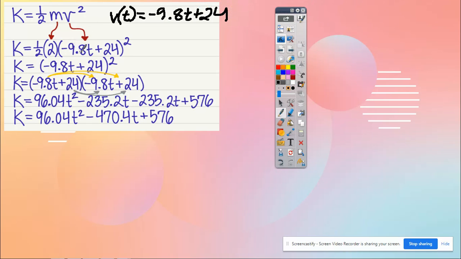So even though I could not just plug in a value squared, I did have a function that I plugged in for velocity. So v was equal to this, so I had to put the whole function in there, which makes sense because we want our final answer to be a polynomial as a function of time.